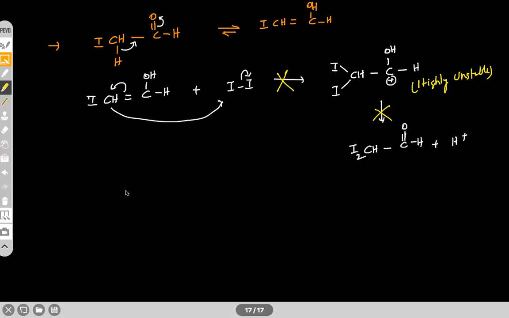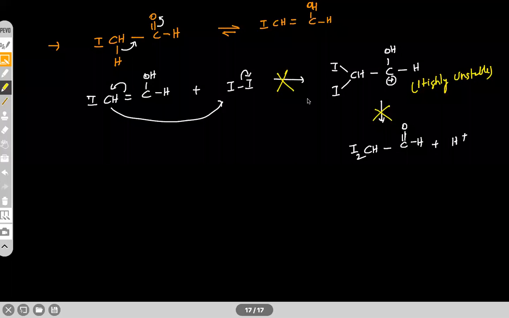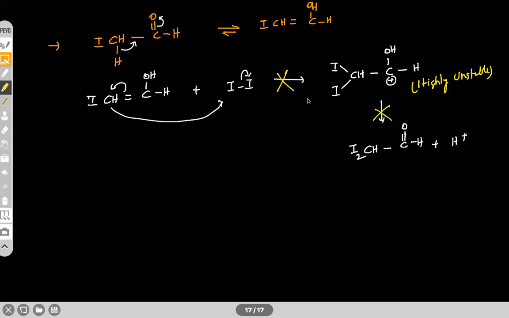Okay. One note here you write down. The carbocation forms in this step is highly unstable because of the minus I effect of iodine.